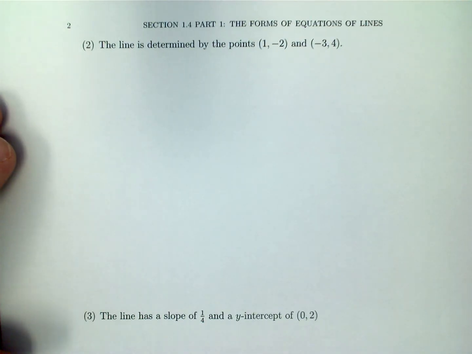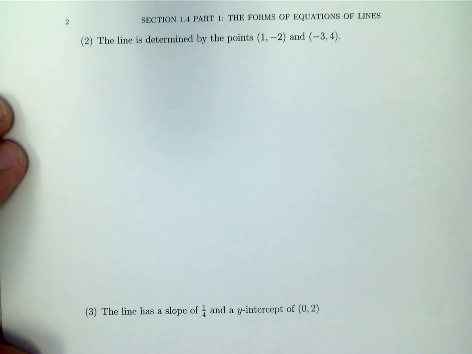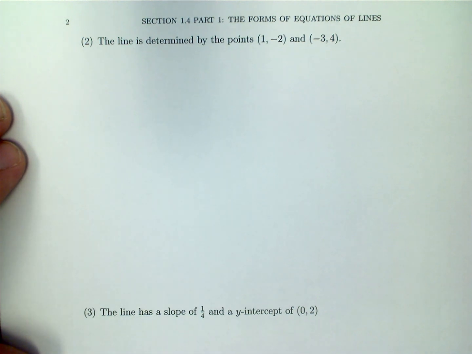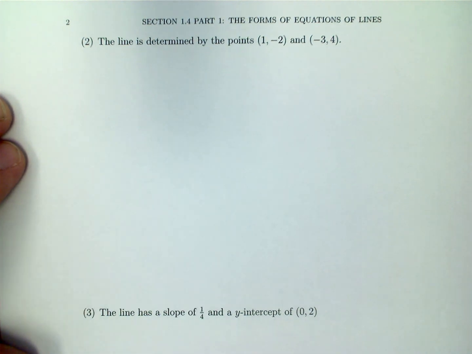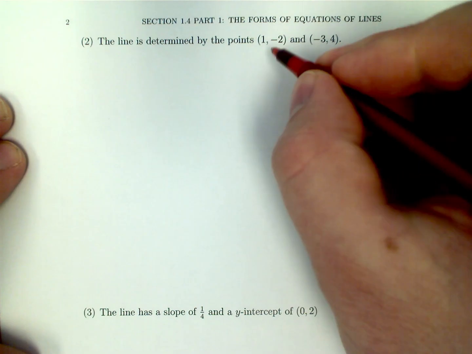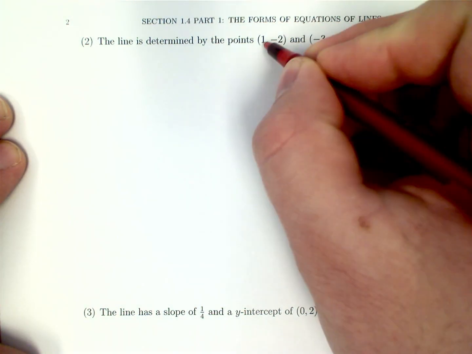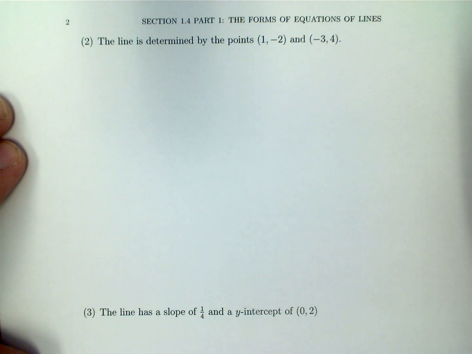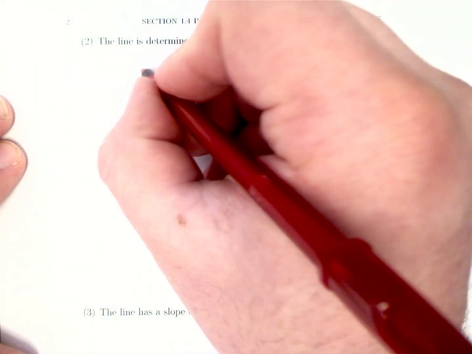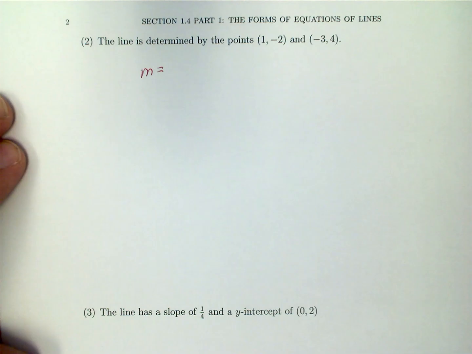What if we have a line determined by the points (1, -2) and (-3, 4)? Here we don't have a slope, but we have two points. We need a slope to use point-slope form, so let's find that.